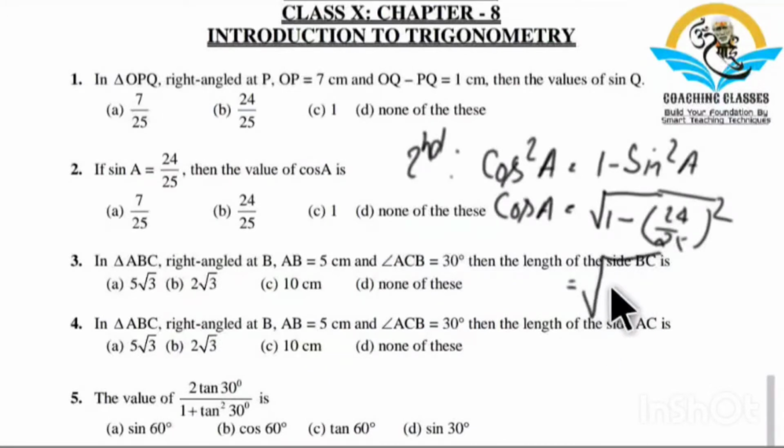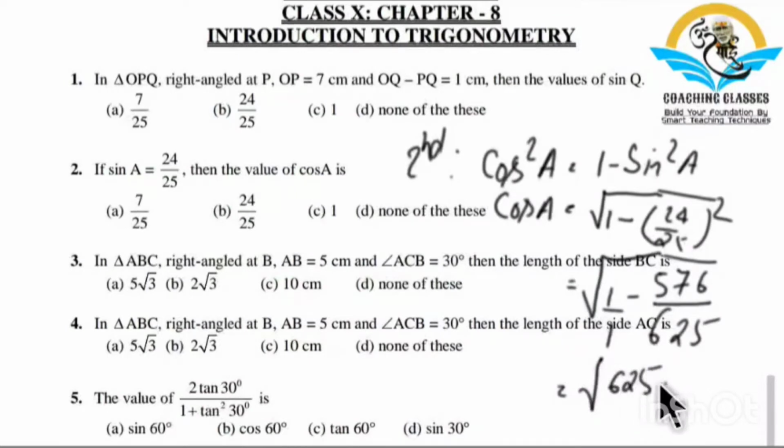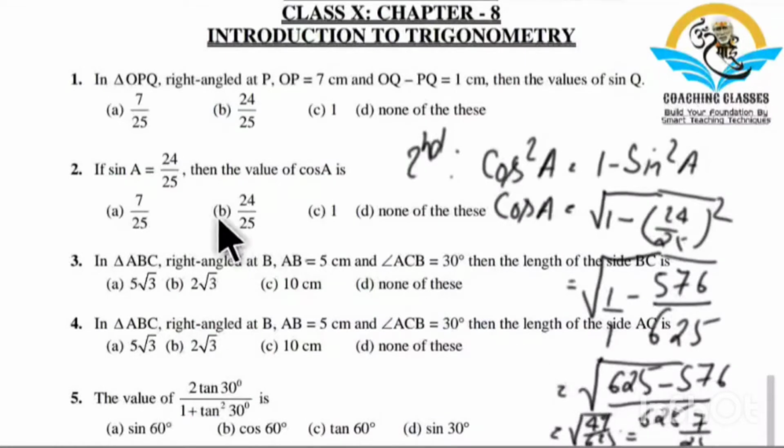Under root 1 minus 24 square is 576 and 25 square is 625. Take LCM, you get 625 minus 576 divided by 625, that is equal to 49 upon 625, that is 7 by 25. Hence your option number A is correct.